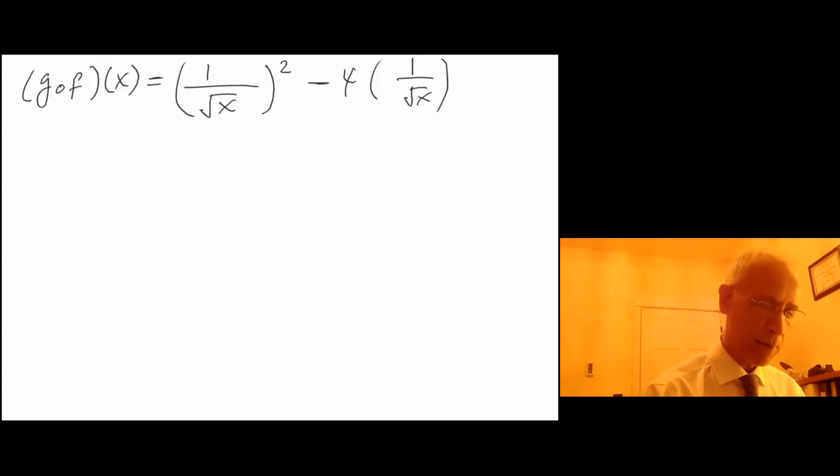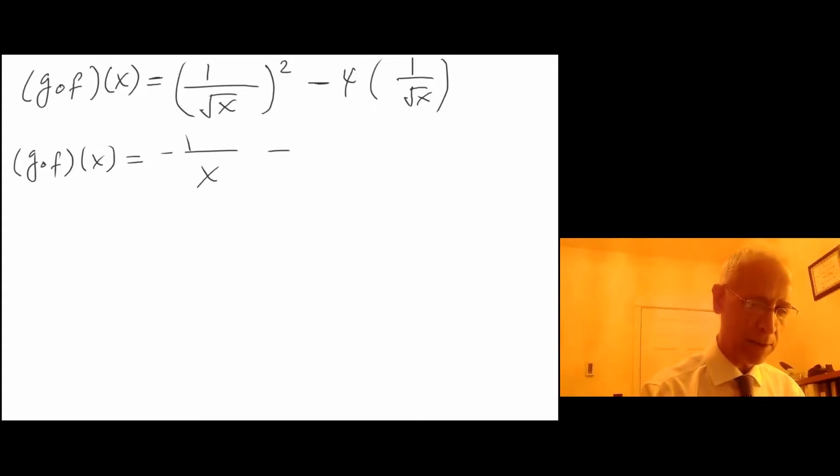So picking up f and putting it inside of g, I will have 1 over square root of x, squared, minus 4 times 1 over square root of x.